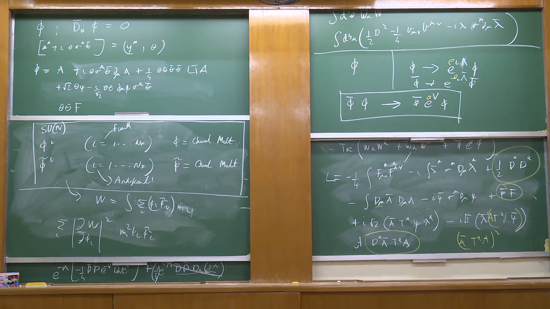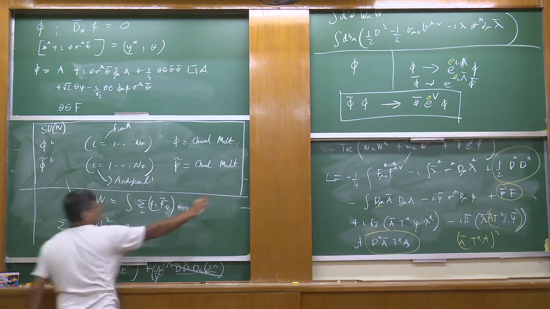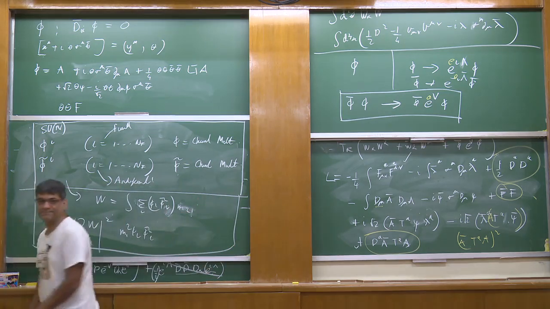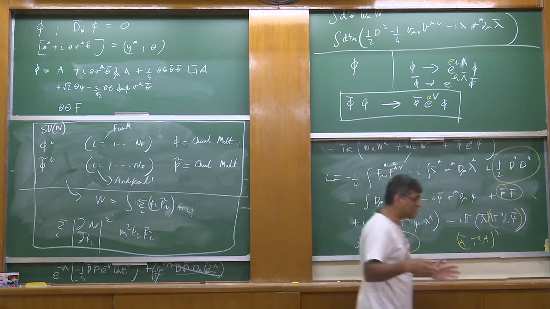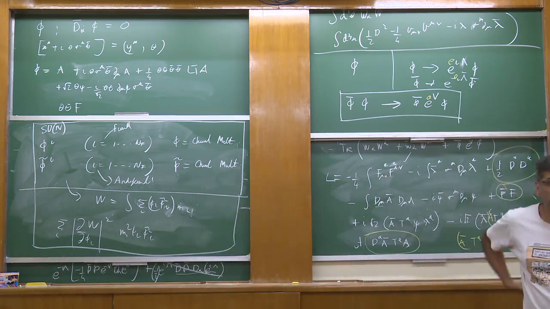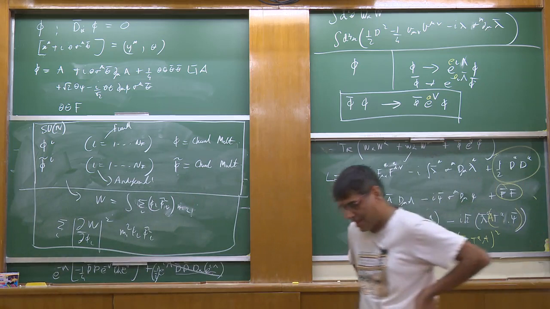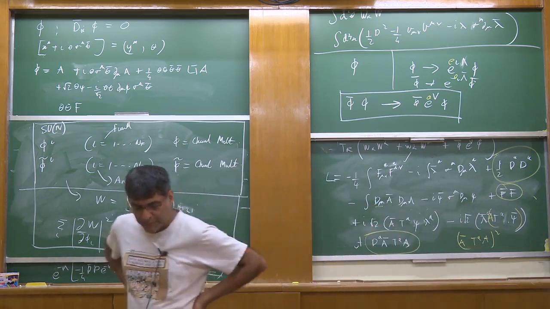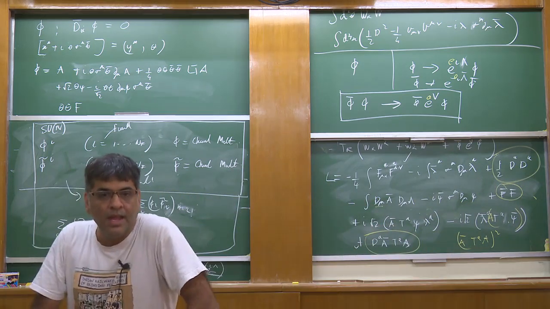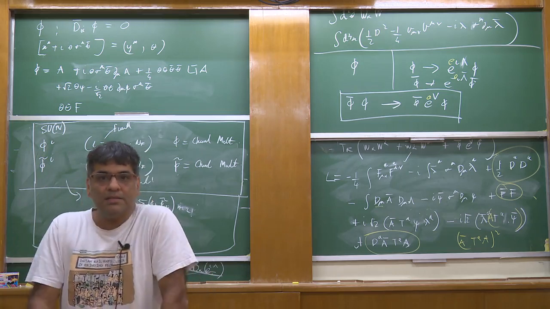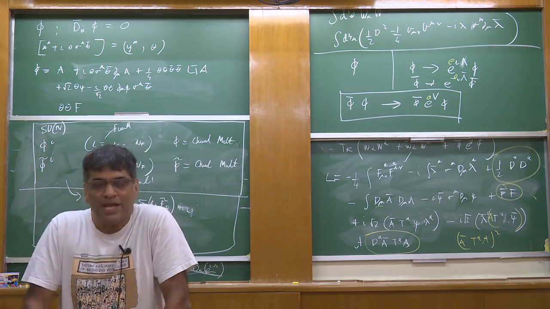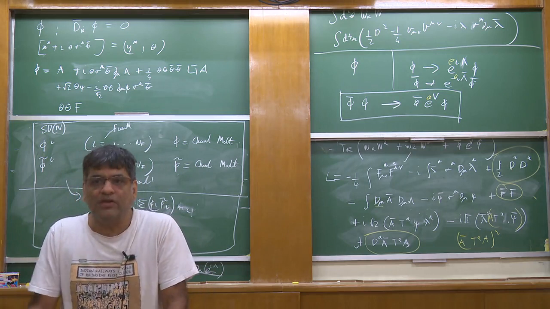So this is our theory. This is the theory we want to start with. The question is what happens in the IR. Now, before we even ask this question, we should ask ourselves, what exactly do we want to know?